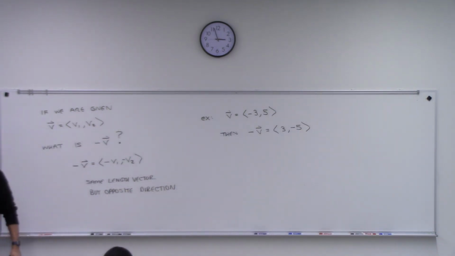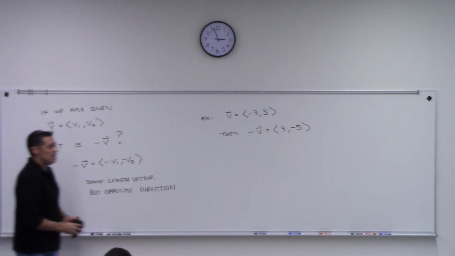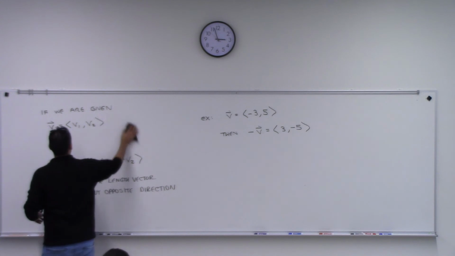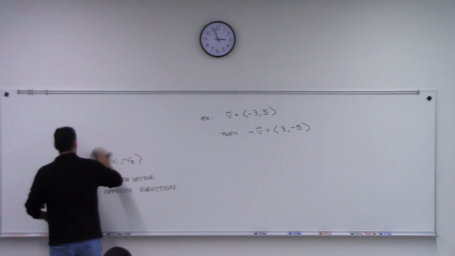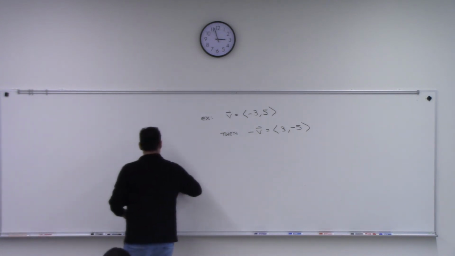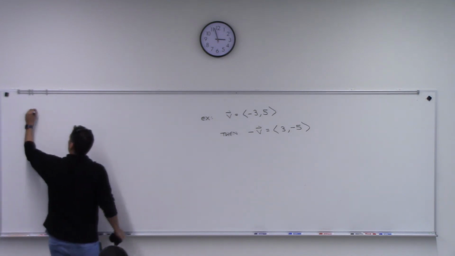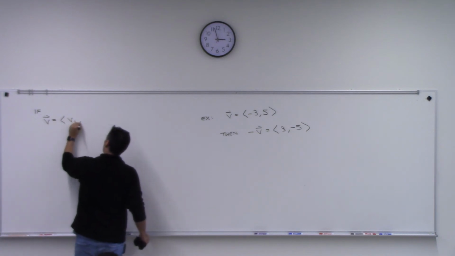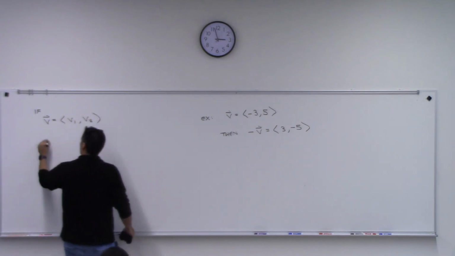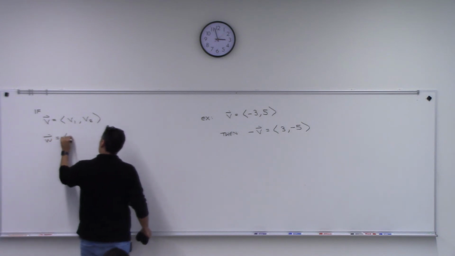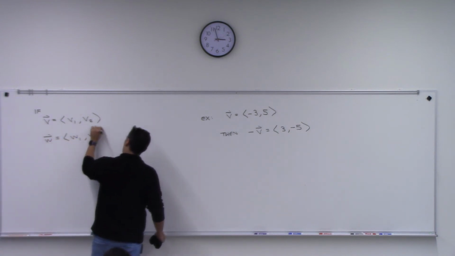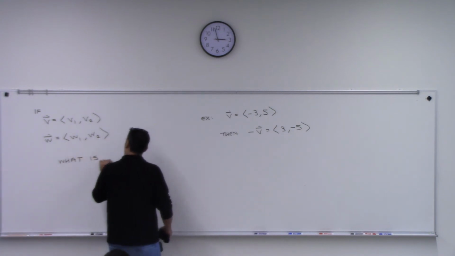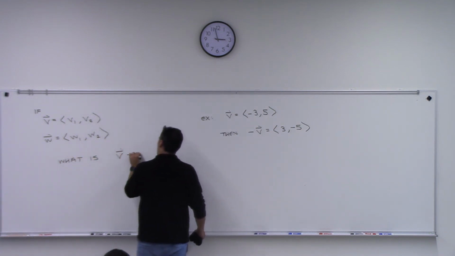Now, with that in mind, I'd like for us to consider the following. If v is some vector v1, v2, and w is some other vector w1, w2, what is v take away w?